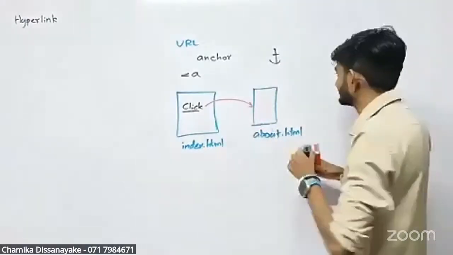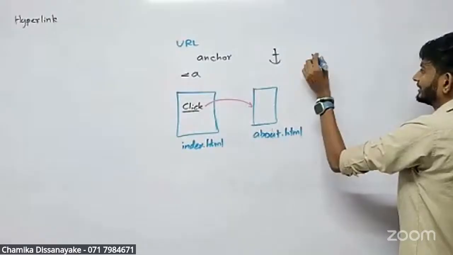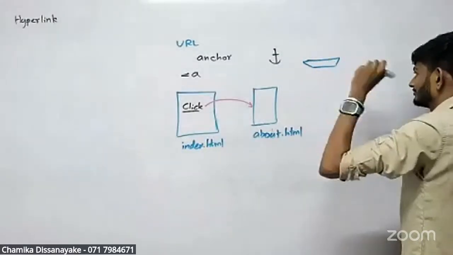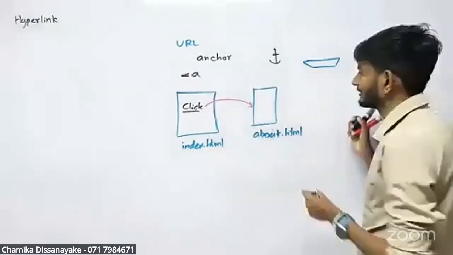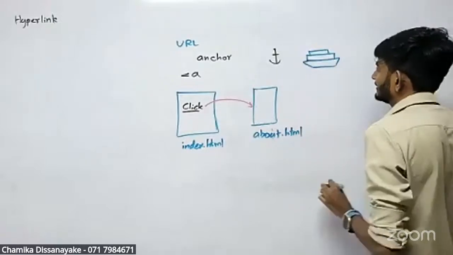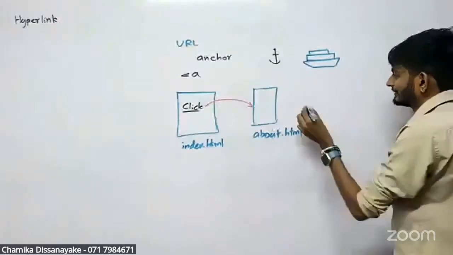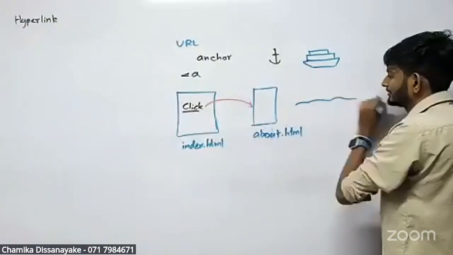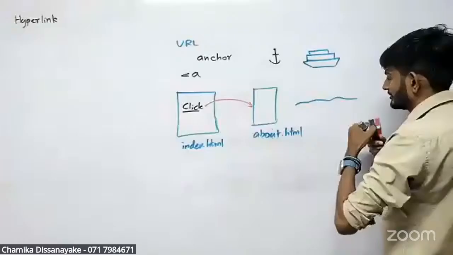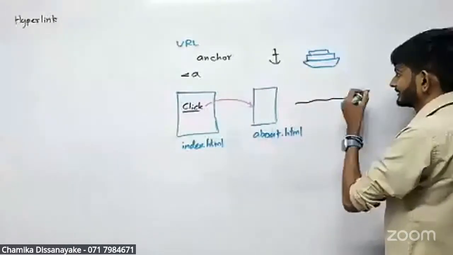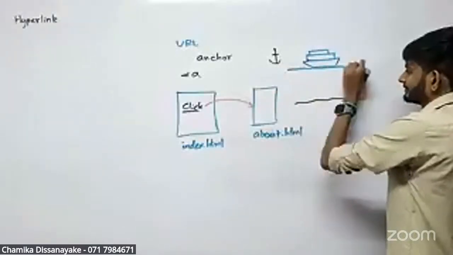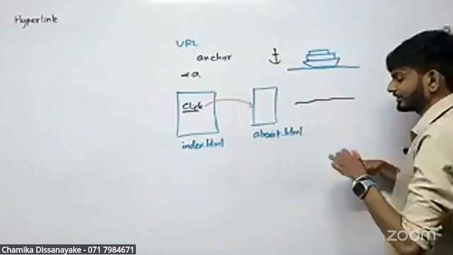So here, this is like a boat, not a ship. So let's draw a ship. This is like a ship. Then this is the ground, I will draw the ground in black, and this is the water level. What is going to happen?